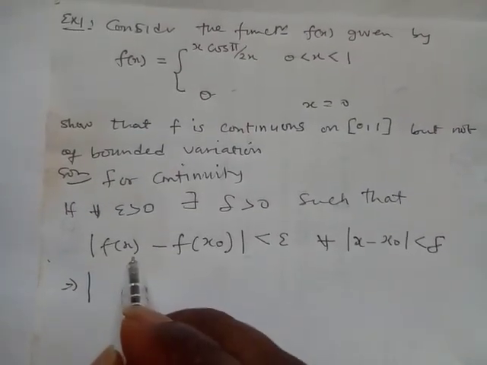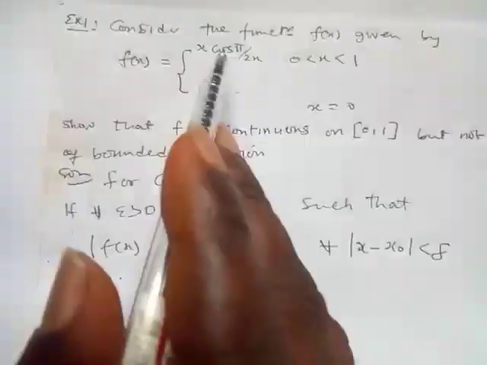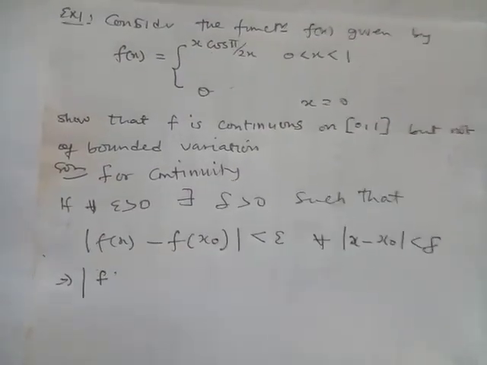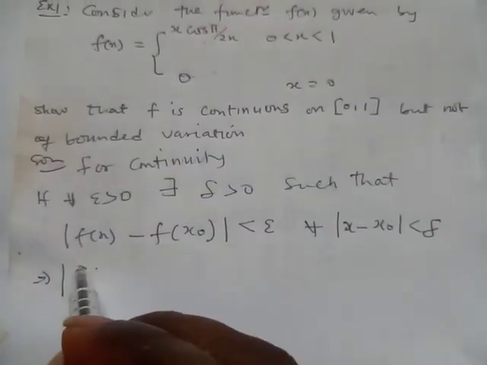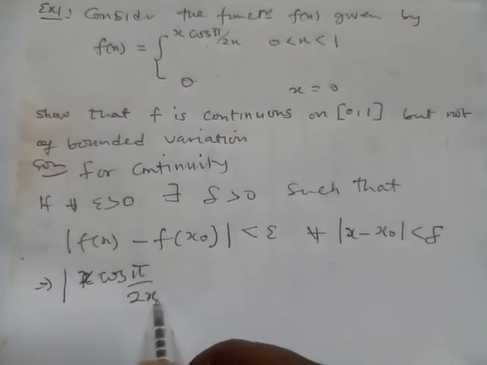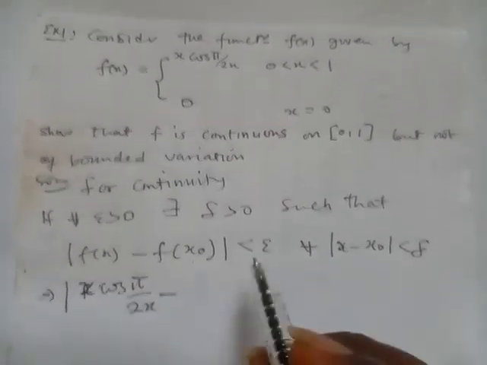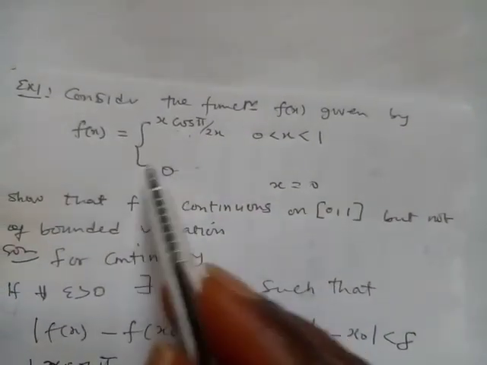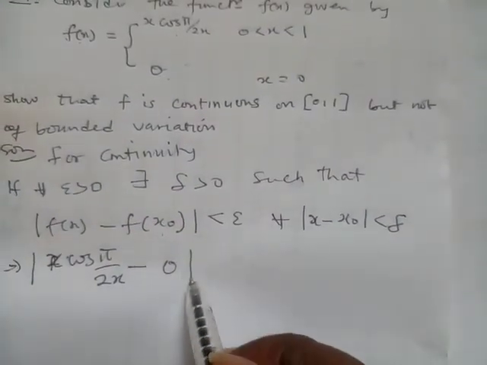Our s naught here is 0. So our f of s is s cos pi over 2s minus f of 0. But f of 0 by definition is 0, since when s is 0, f of s is 0.